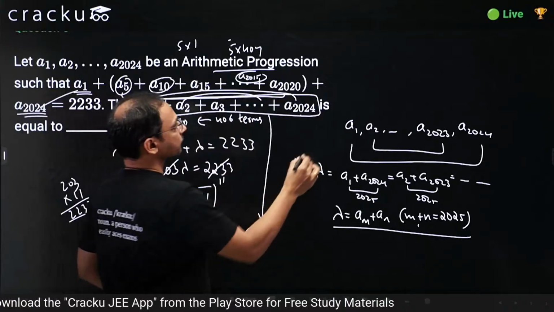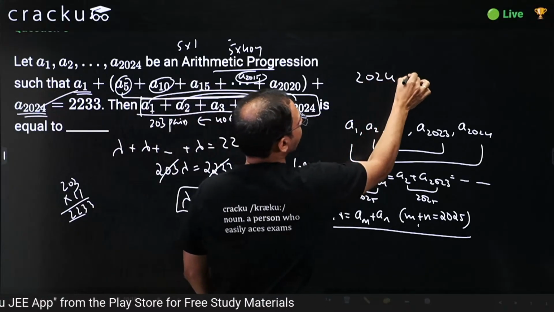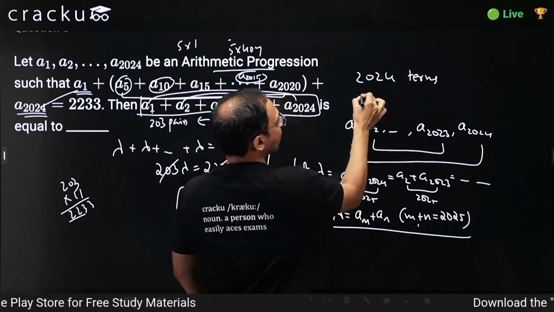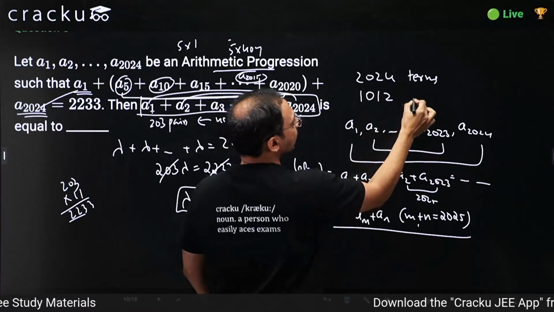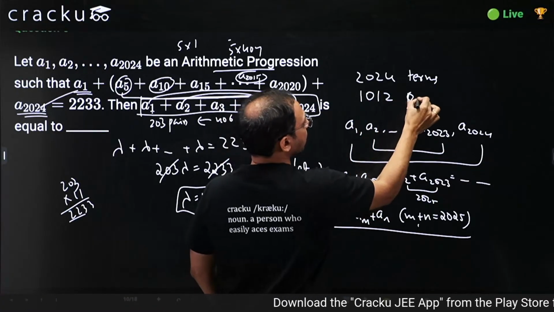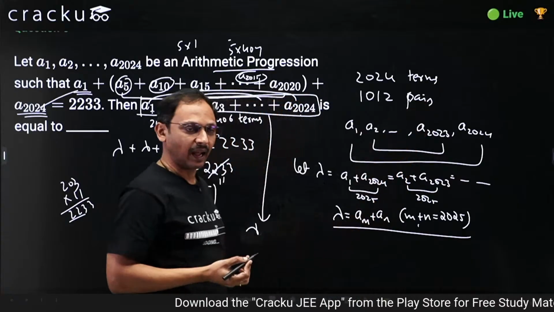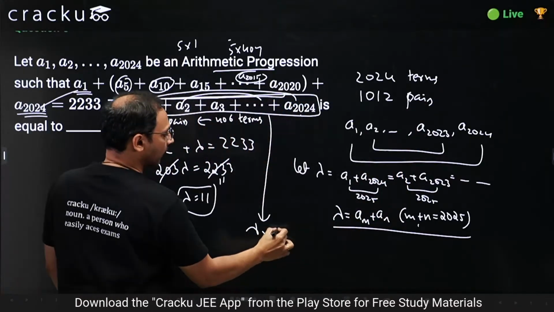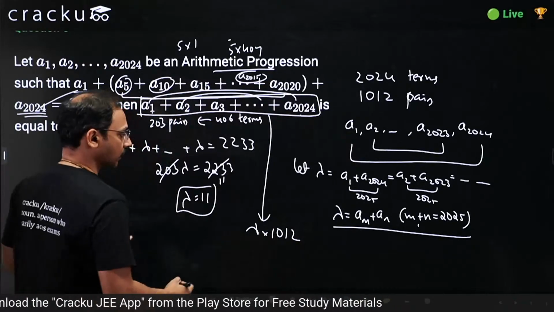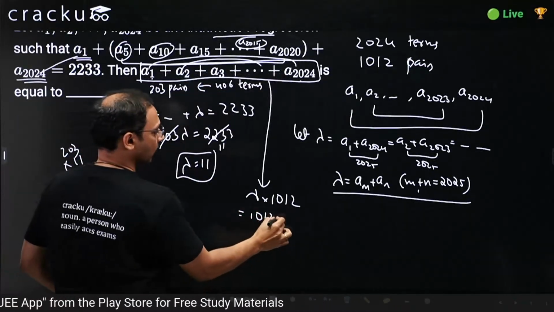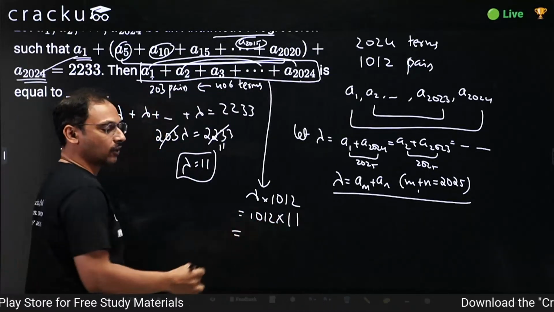Now here I have 2024 terms, so it will come down to 1012 pairs. Each pair is lambda, so the answer will be 1012 lambdas, or 1012 into 11. So this is going to be the answer.